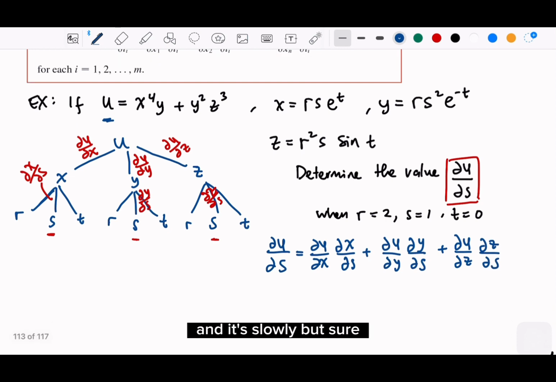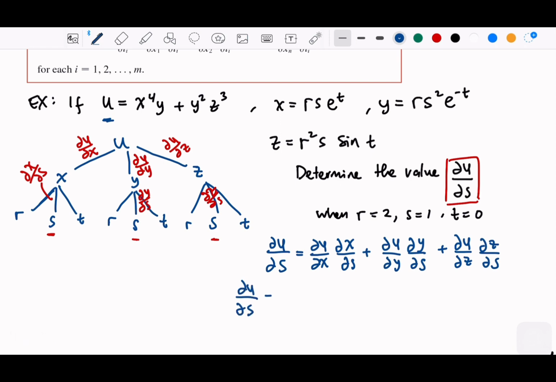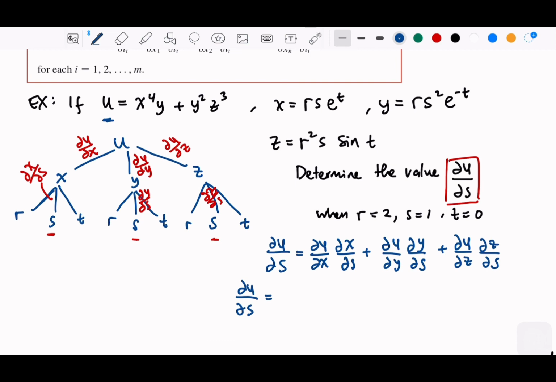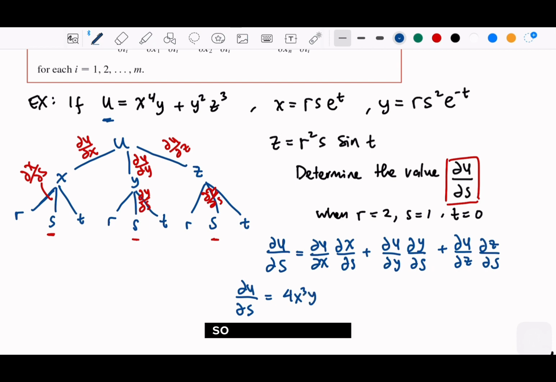And then slowly but surely, we are going to partially differentiate all the components. So dou u dou x will be taking the function u with respect to x. So it will be 4x cubed y, and y and z are constant. So we just stop here.